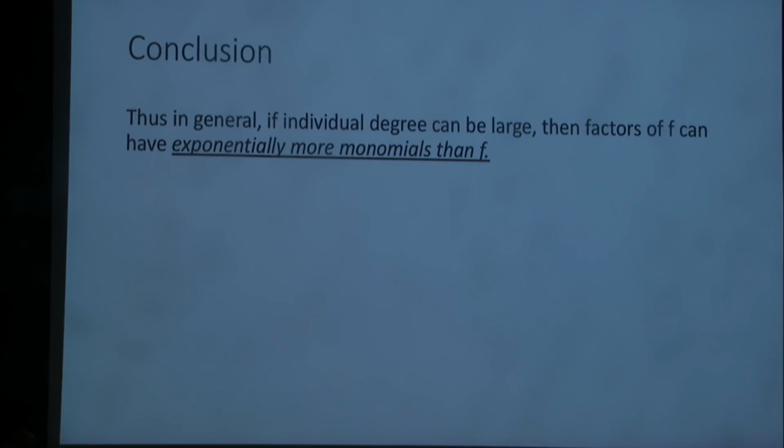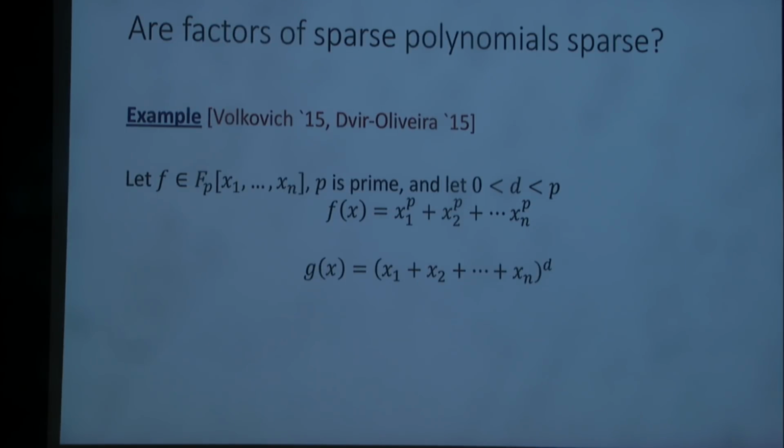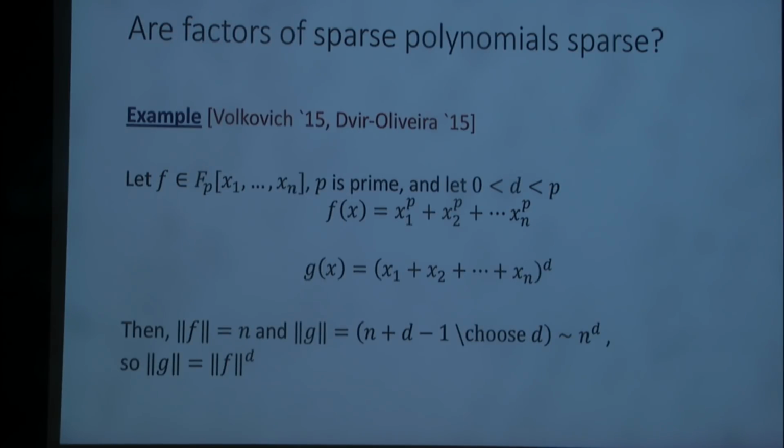Sort of cheating, sort of not cheating, whatever. But one interesting fact is for characteristic 0, the previous example was the only example we know. And for fields of small characteristic, you can do other weird stuff.